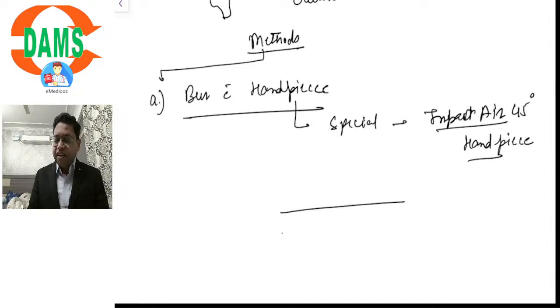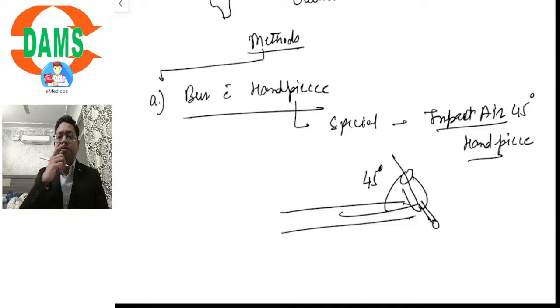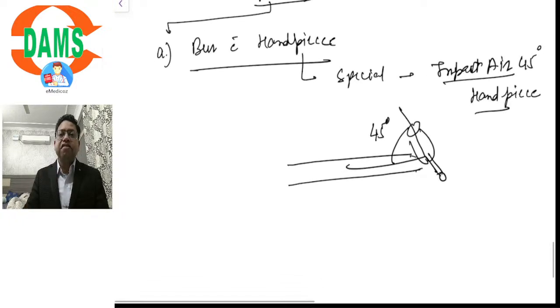This handpiece has a head that is bent at a 45 degrees angle to the shank. The head of the handpiece is bent at 45 degrees angle. This is Impact Air 45 handpiece. And another property is that the air vent is at the back instead of at the head.